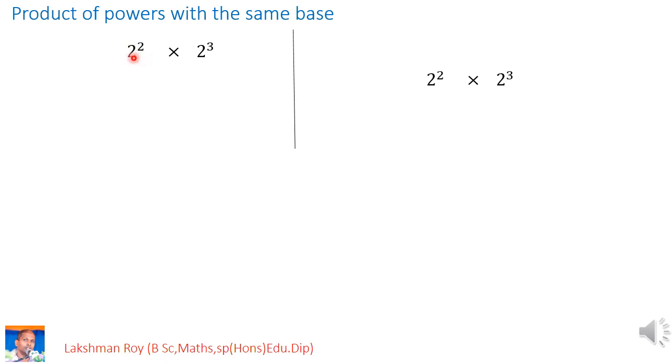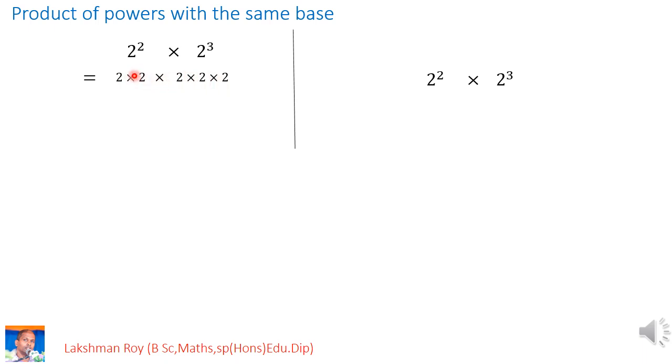What is the expanded form of 2 to the power 2? That means 2 into 2. Then 2 to the power 3, that means 2 should multiply 3 times, 2 into 2 into 2. Now all are 2's multiplied.